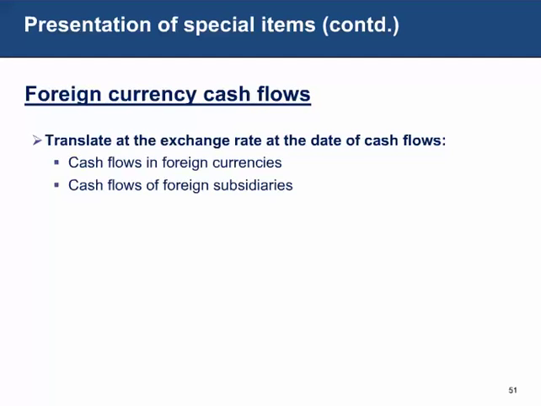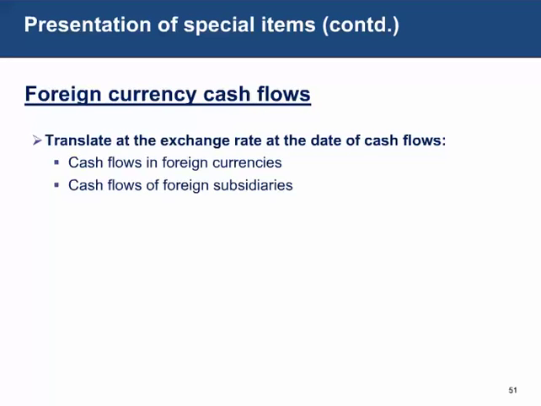The cash flows in foreign currencies can be like purchases from a foreign seller or sales to a foreign customer. For example, Infosys makes sales of its software to its customers in the US and thus receives cash flows in foreign currency, in US dollars.